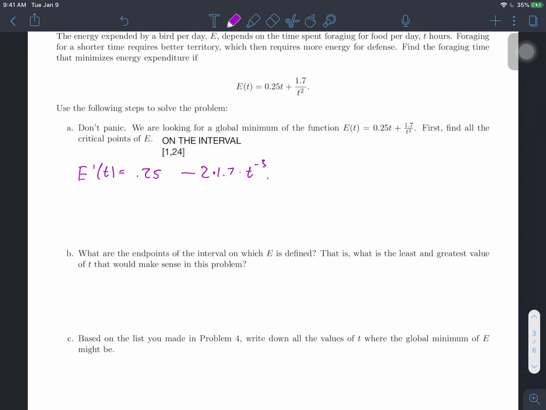Okay, and then the power became 1 less. So that's 0.25 minus 3.4 over t cubed. And we want to know when is that equal to 0?